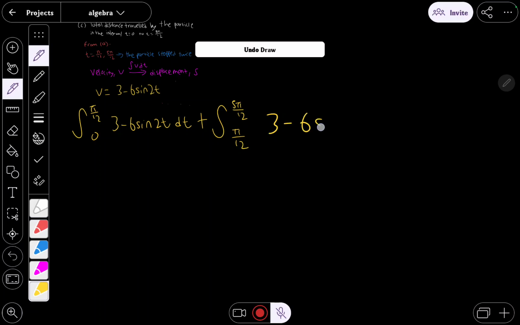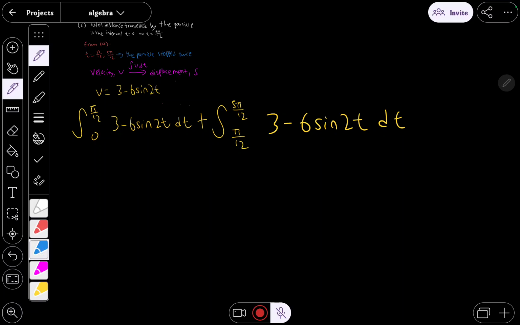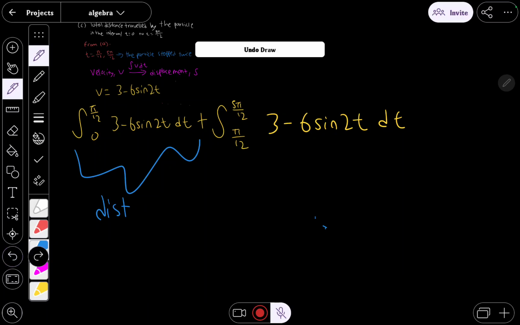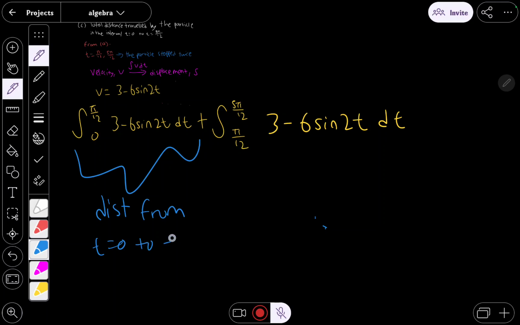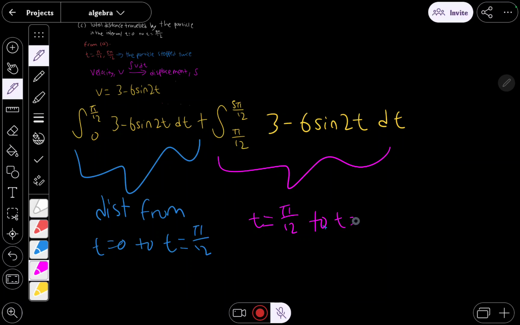So 3 minus 6 sine 2t with respect to time. This is the distance from t equals 0 to t equals pi over 12. The second distance is from t equals pi over 12 to t equals 5 pi over 12.